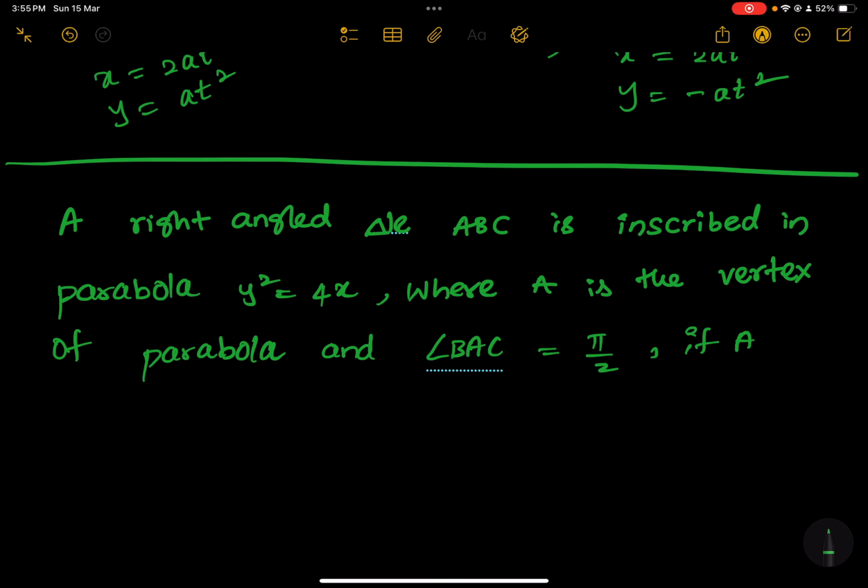If AB is equal to root 5, find the area of triangle ABC.